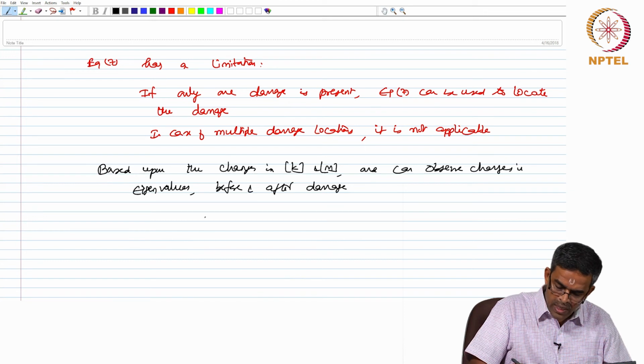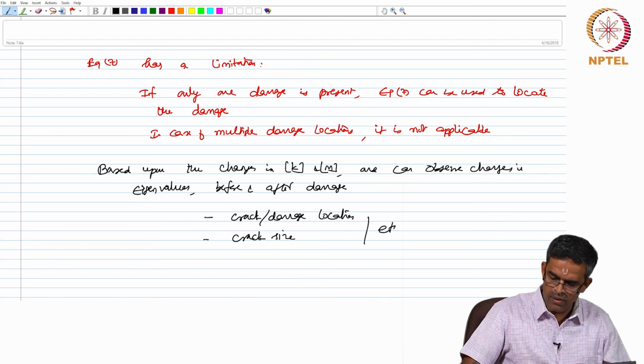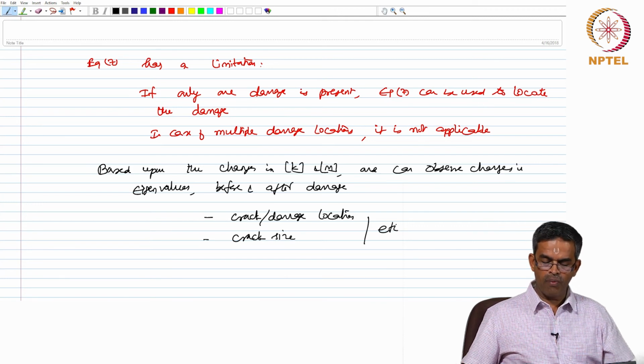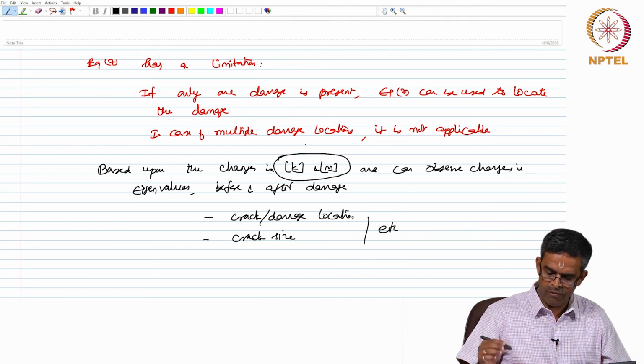Then one can identify the crack, or let us say the damage location, crack size, etc., as we explained in the previous slides. Now, the interesting point comes, how to find this changed K and M for different models.